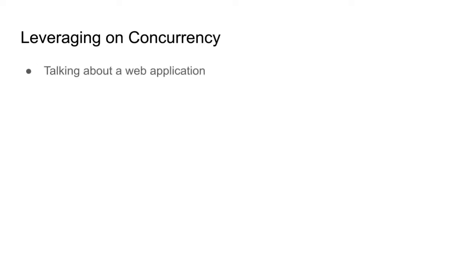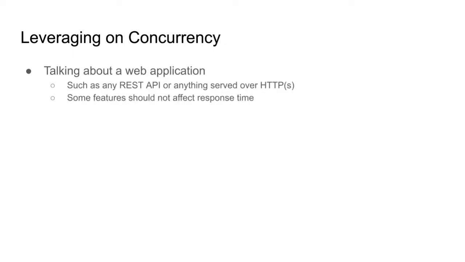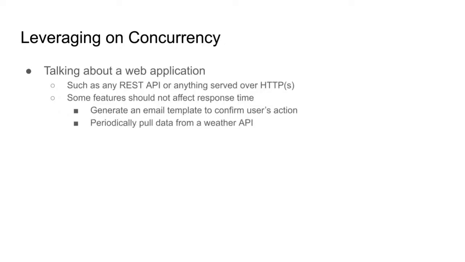This talk is about a web application such as any REST API or anything served over HTTPS. And with that, some features should not affect the response time, such as when we're going to generate an email to confirm users' actions, like recovering passwords or registering a user. That does not need to affect the response time.